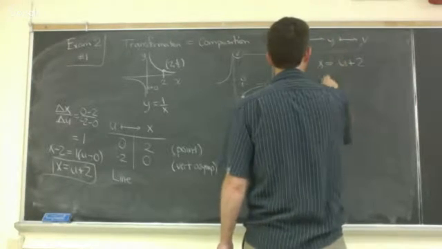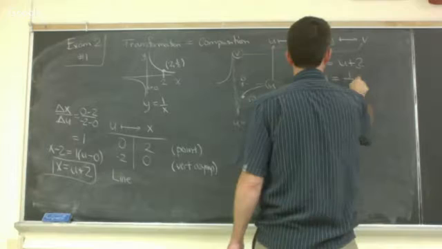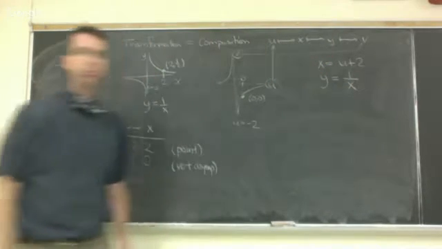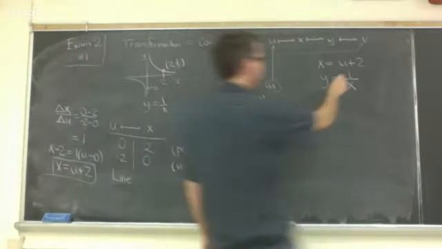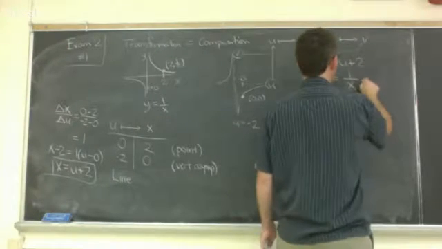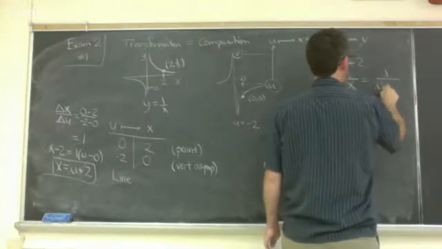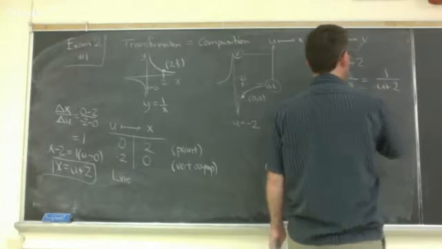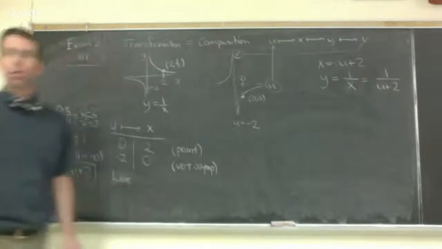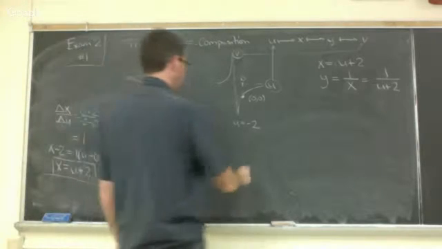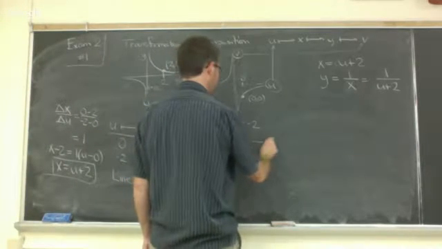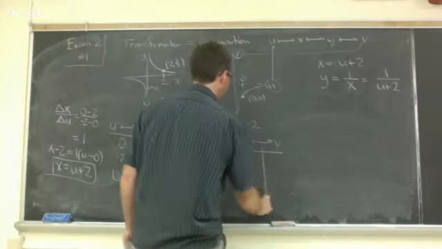x goes to y, we already know. That's 1 over x. Now the idea of composition is that we're just taking this formula and we're substituting it in for x. To finish it, we need to have the last rule. What's the relationship between y and v? So those are my y values.